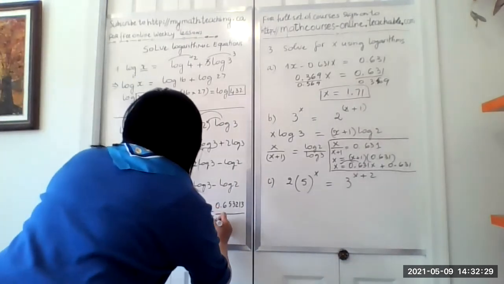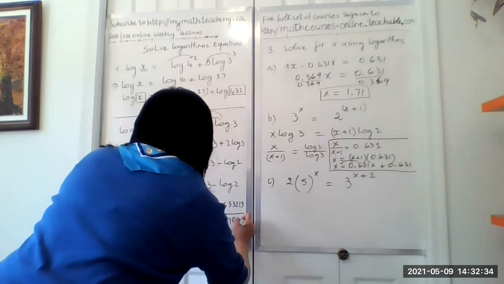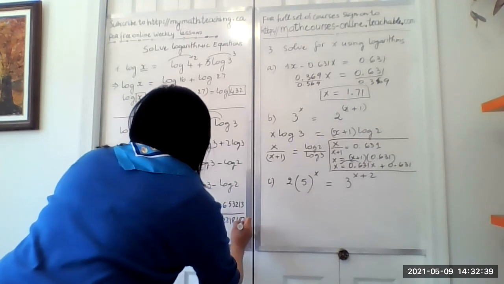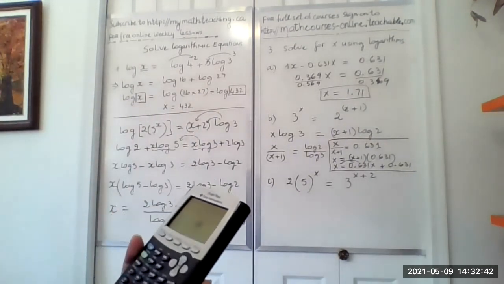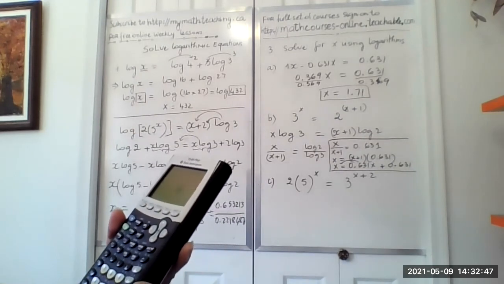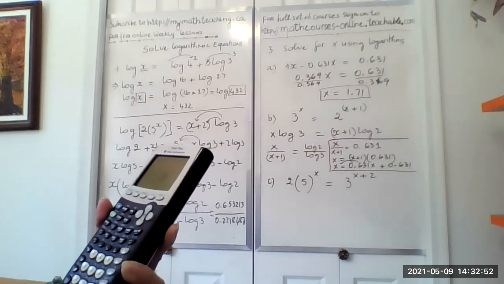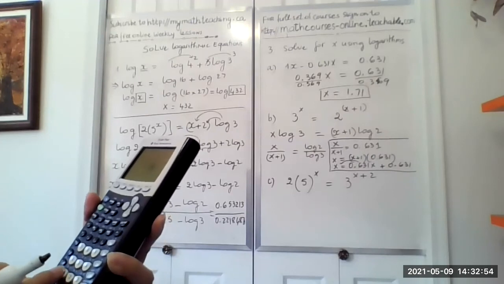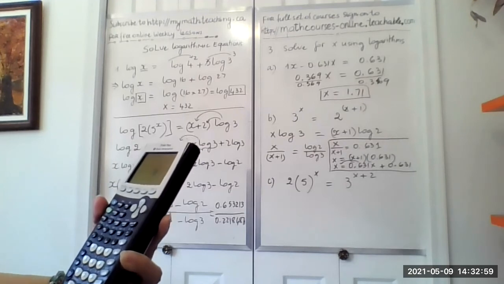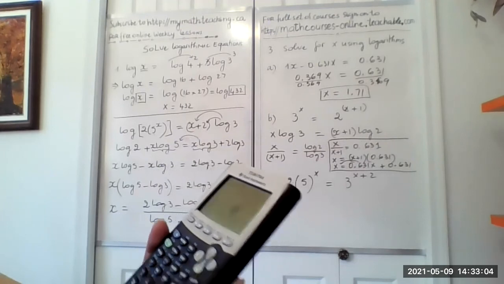So this will give 0.2218487 if I round off. So I'm going to use these two numbers: 0.6532213 divided by 0.2218487. Enter. So x will be equal to 2.944.